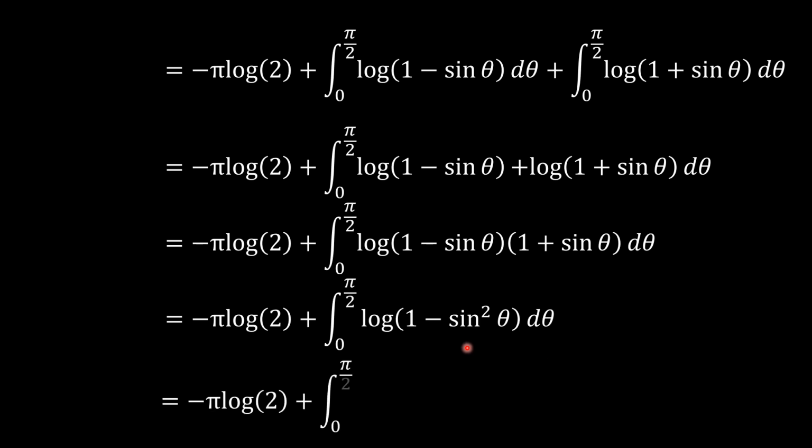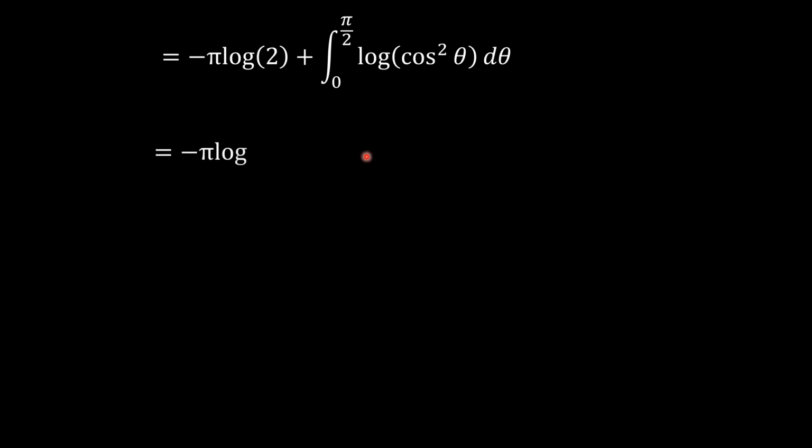And 1 minus sine squared theta becomes cosine squared theta, and the two in the square position goes out, so we have twice the integral from 0 to pi over 2 of natural log of cosine theta. Now this is a famous integral.